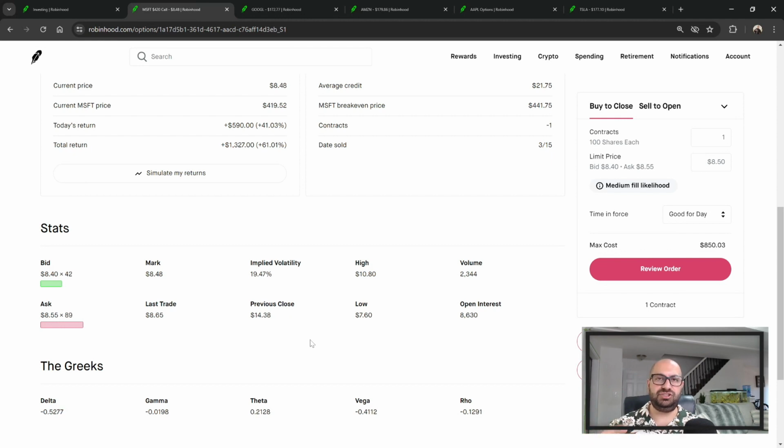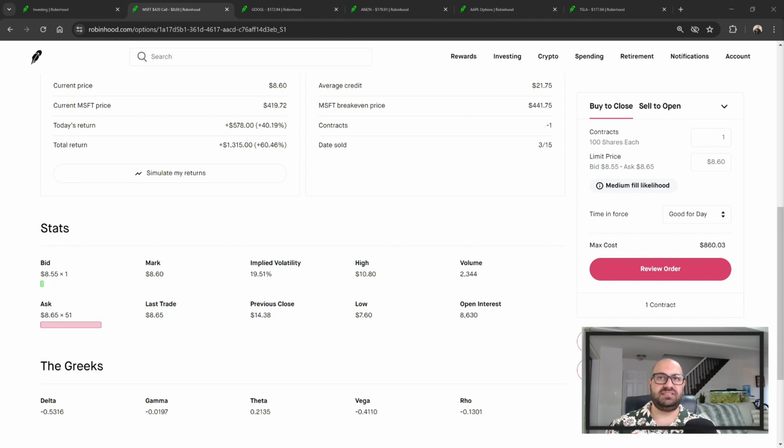This change will create a higher premium coming directly from the vega. That's why a lot of our strategies will target options with a higher implied volatility to make use of this vega to generate a higher premium that can benefit us as the seller of these options.